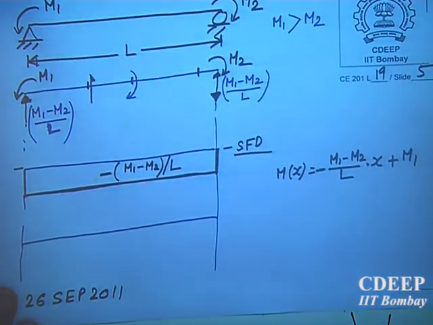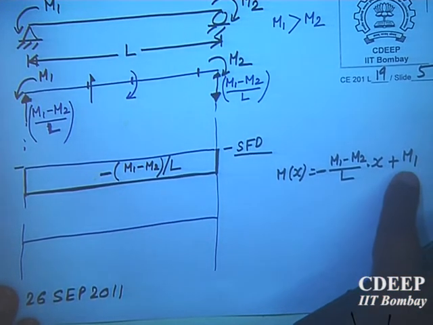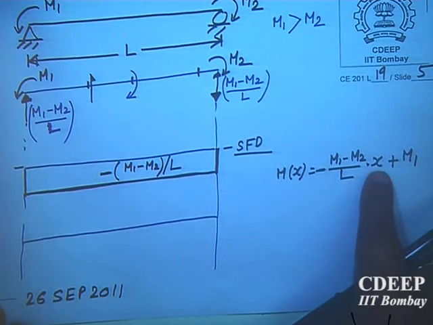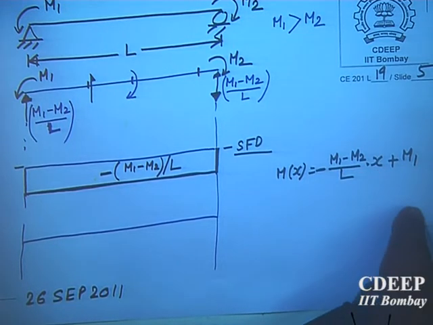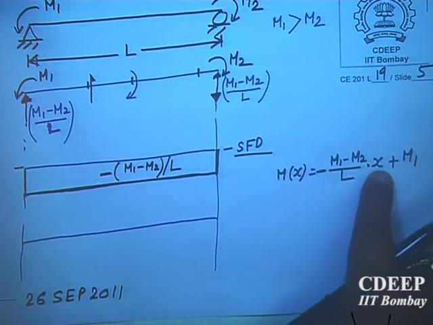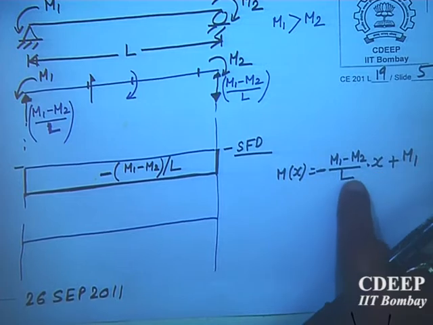Is it okay? So when x equals 0 it is M1. Now somewhere it will become 0. When x equals L, how much does it become? M2. And in between?